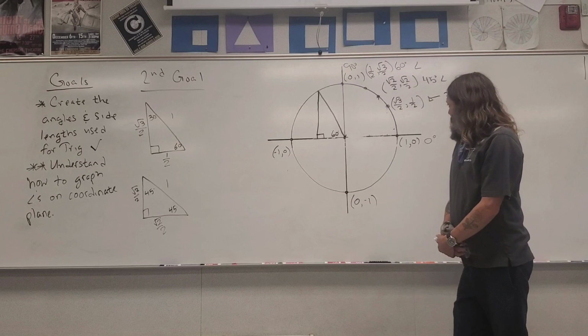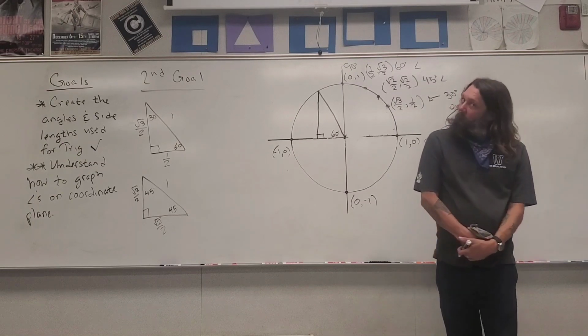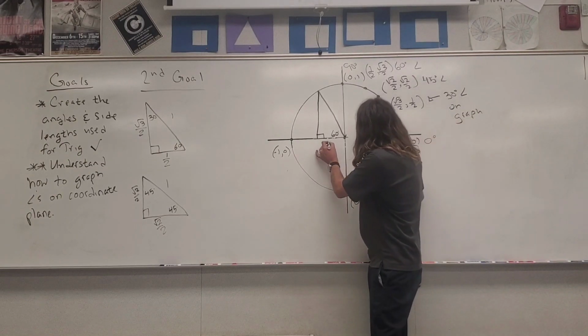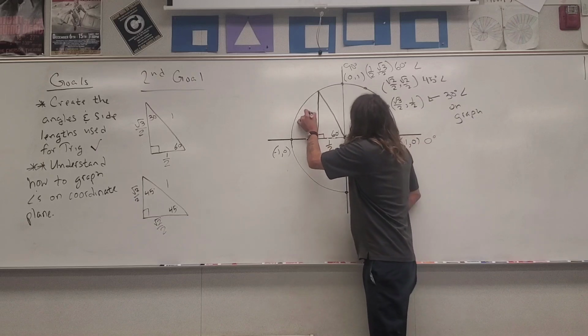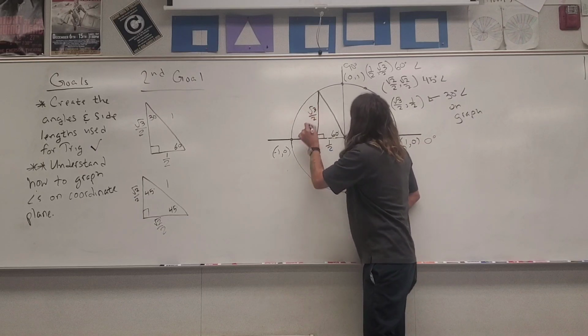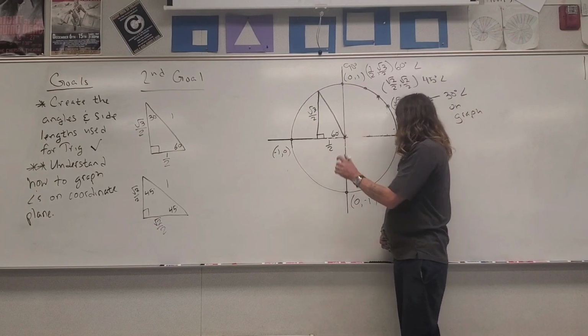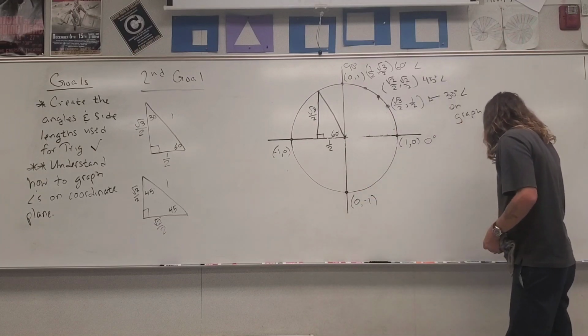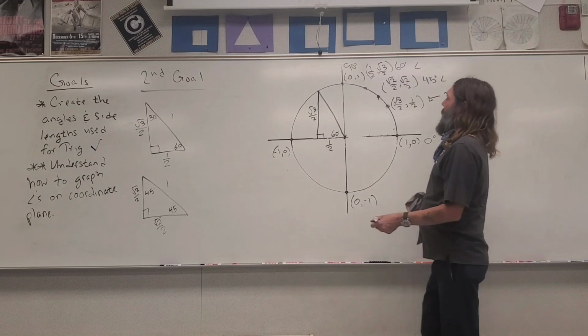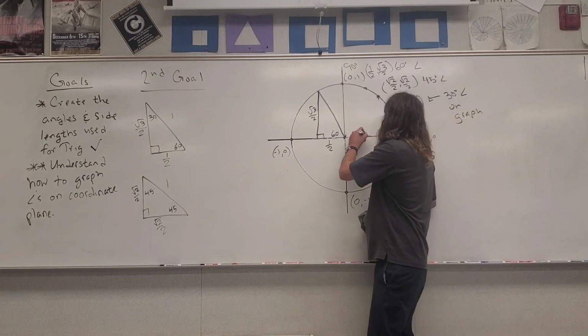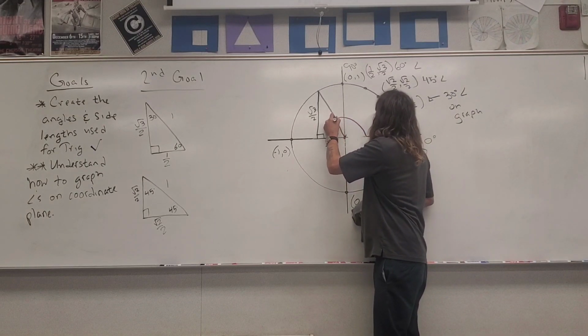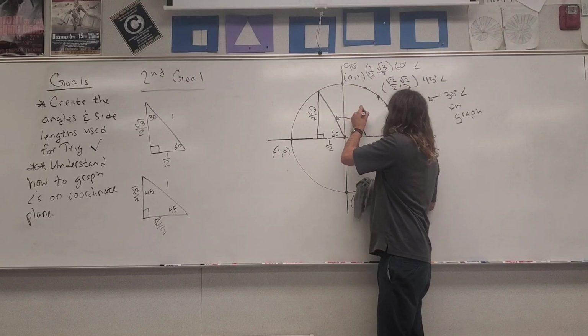So there's my 60 degree, right? But let me fill in the blanks here. This is a 1/2. This is square root of 3 over 2. But in actuality, we're not calling this a 60-degree angle. This is what we're going to call our 120-degree angle.